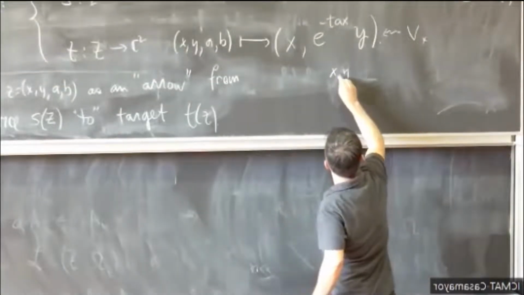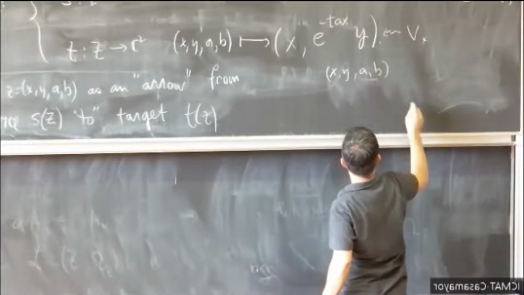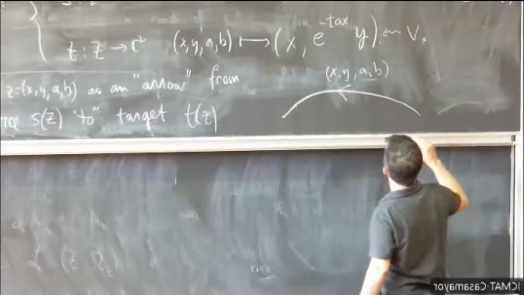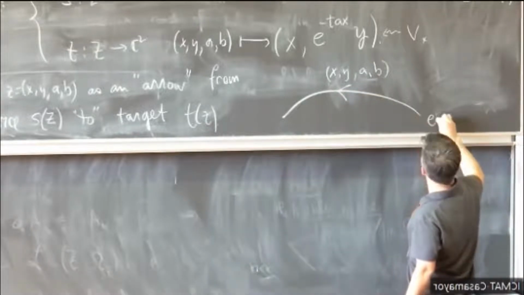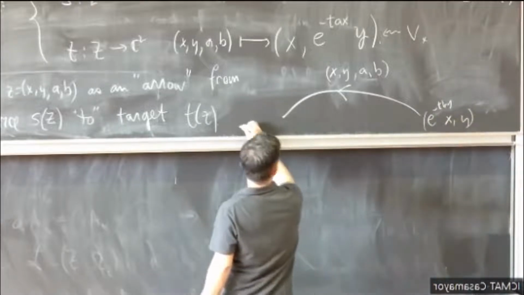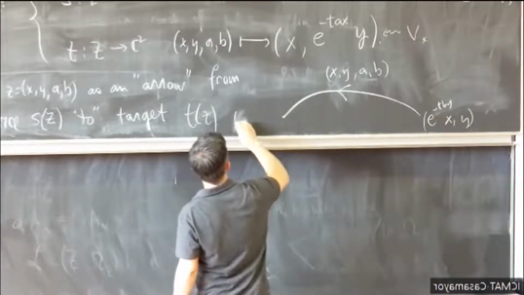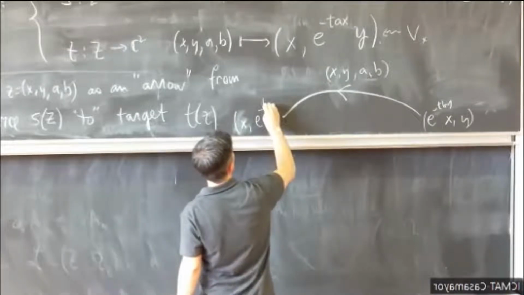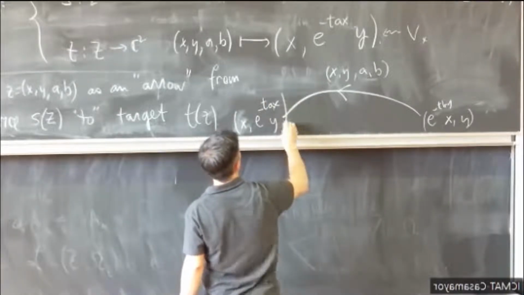This point is an arrow which goes from e to the minus t b x, y to x, e to the minus t a x y.